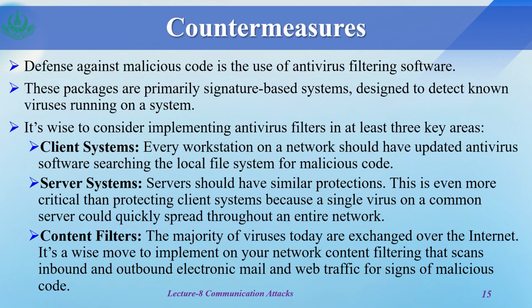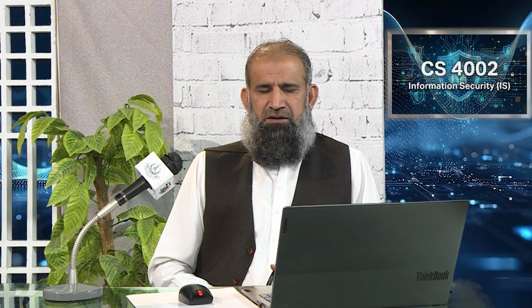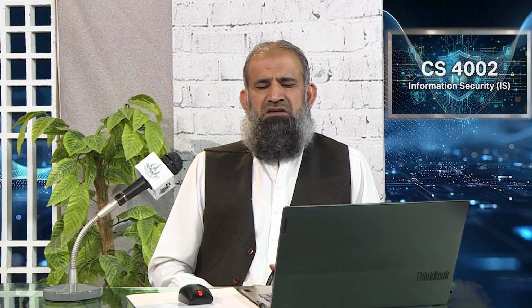First, client systems: every workstation or network end-user system should have updated antivirus software searching the local file system for malicious code. Second is server systems. Server systems should have similar protections. This is even more critical than protecting client systems because a single virus on a common server could quickly spread through an entire network.